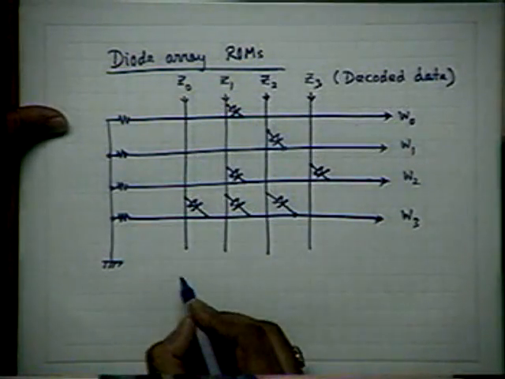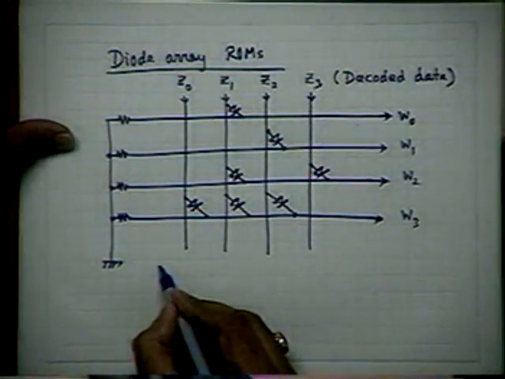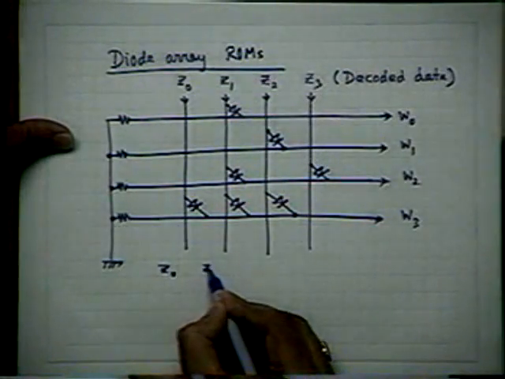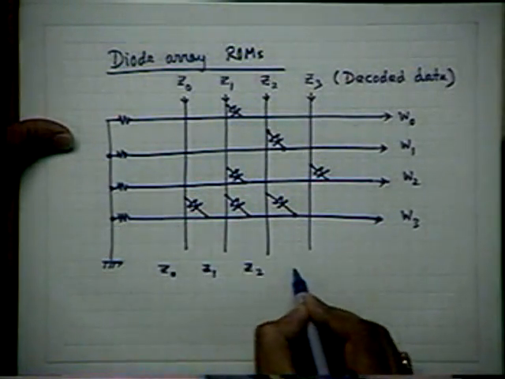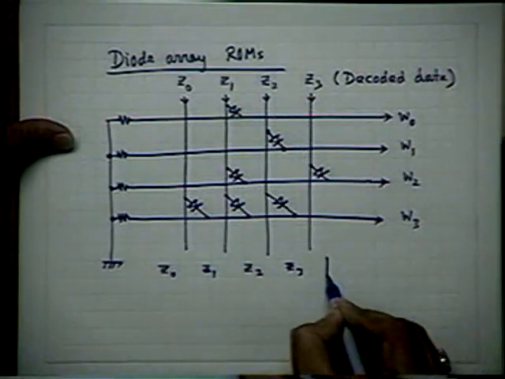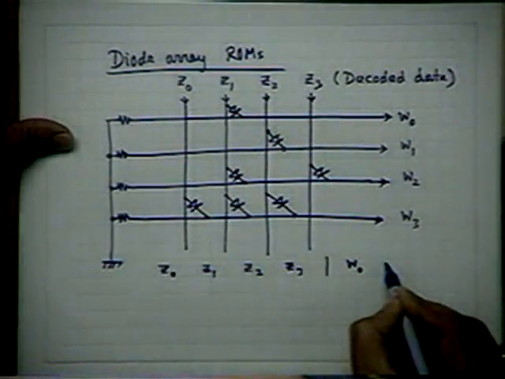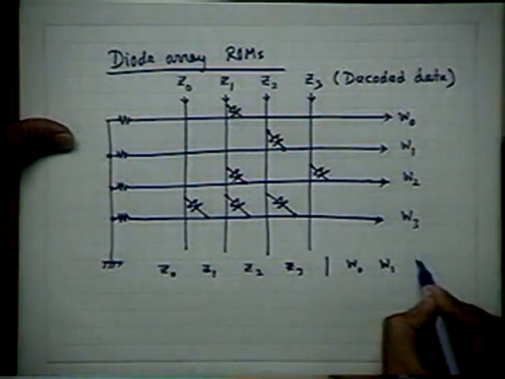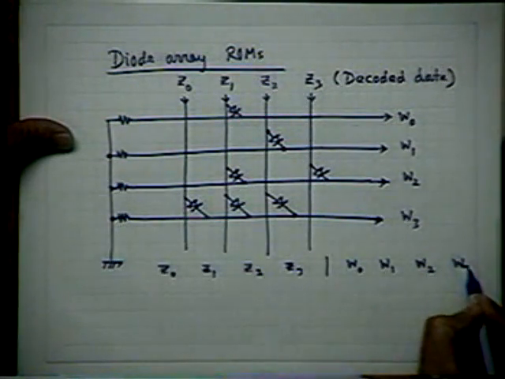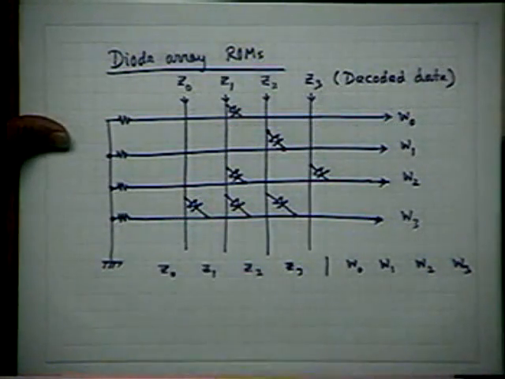Then when the decoded input Z, let us consider Z0, Z1, Z2, Z3, and the corresponding words are W0, W1, W2. These are the bits, output bits.